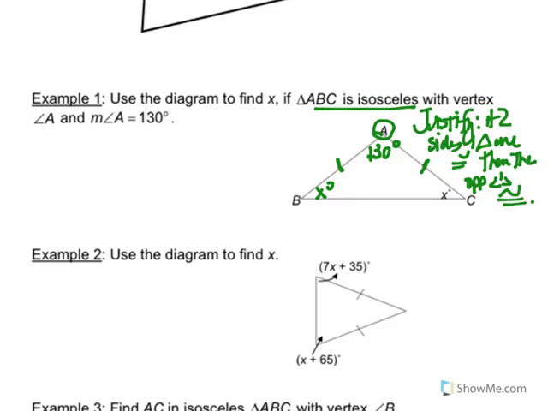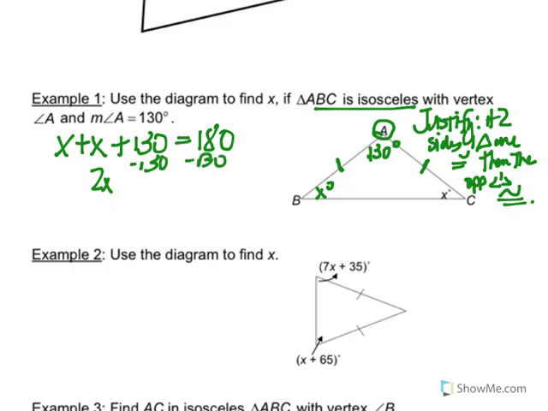So we could say that x plus x plus 130 equals 180 degrees. So we have 2x, and I'm going to subtract 130. I'm going to do this all in one step. 2x is equal to 50, and so we divide by 2, and x equals 25.